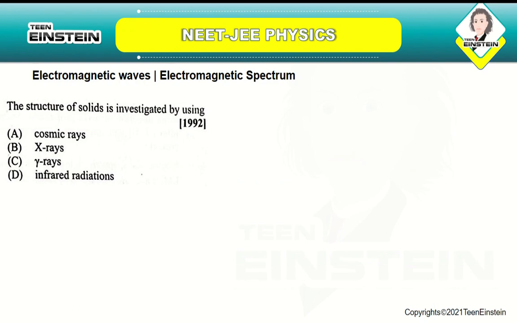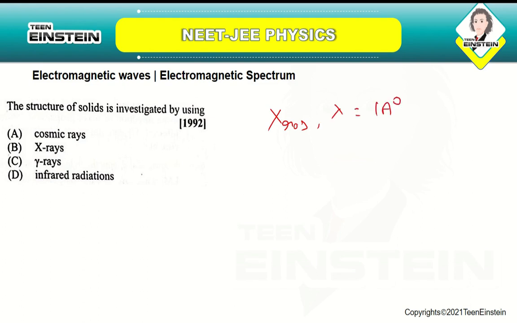The structure of solids is investigated by using cosmic rays, X-rays, gamma rays and infrared radiations. Here again we know that X-rays have a wavelength in the range of 1 Angstrom.